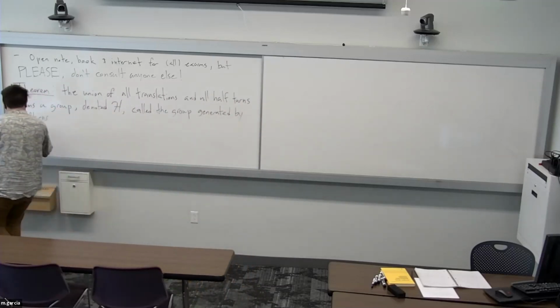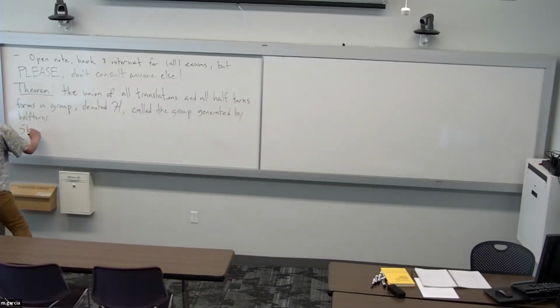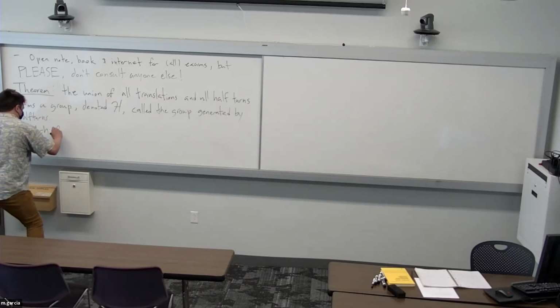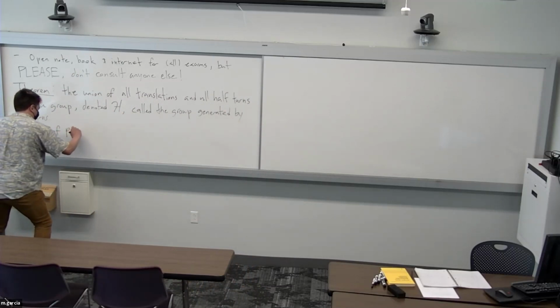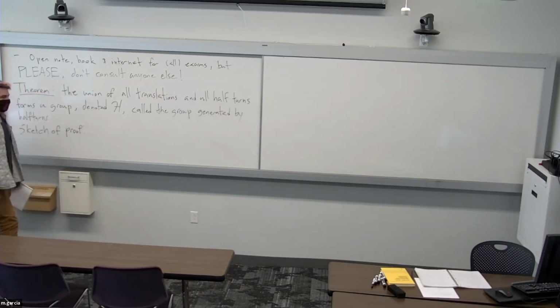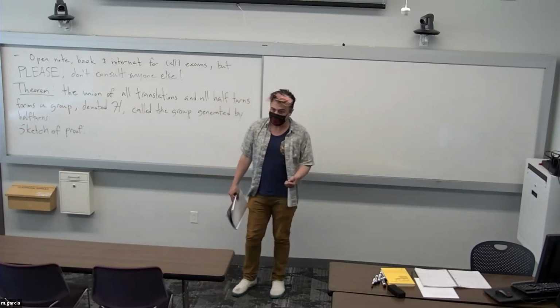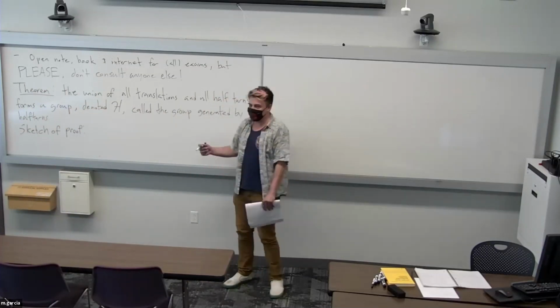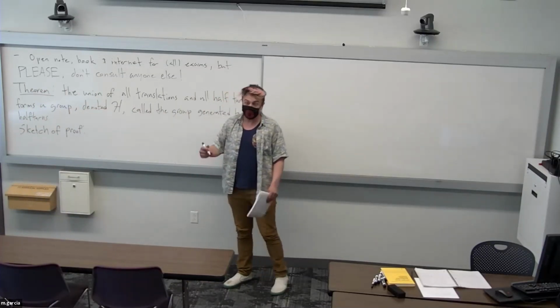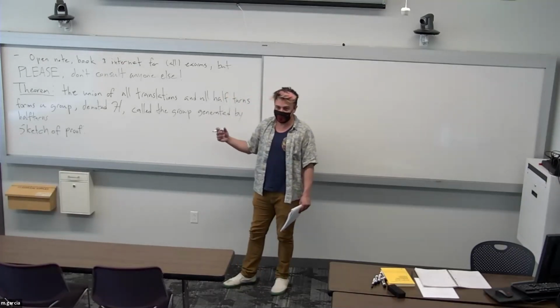Okay, so here's a sketch. This essentially is just the fact that the product of any two half turns is a translation, and the product of a half turn and a translation is a translation. And the product of 3 half turns is a half turn, right?